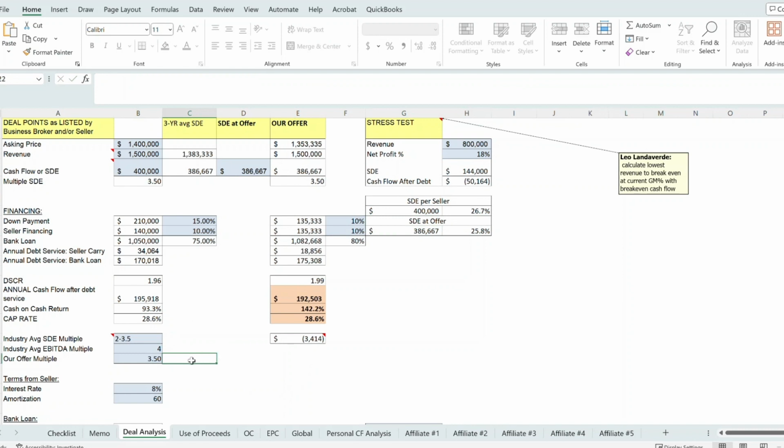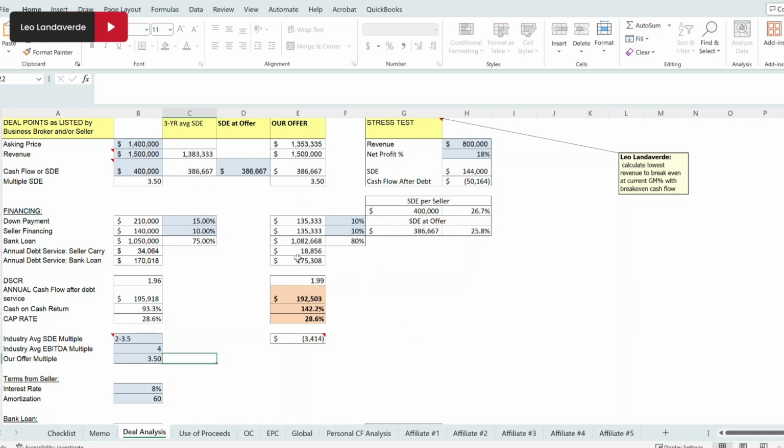So this is how you do analysis. This is how you figure it out. Now, this right here, the stress test: I always want to know, if the worst thing happened and you bought the business and the business declines over time, what is the minimum revenue and net profit that you need to have in your business in any given year to meet the post debt service requirements, or at least the debt service payment, principal and interest.